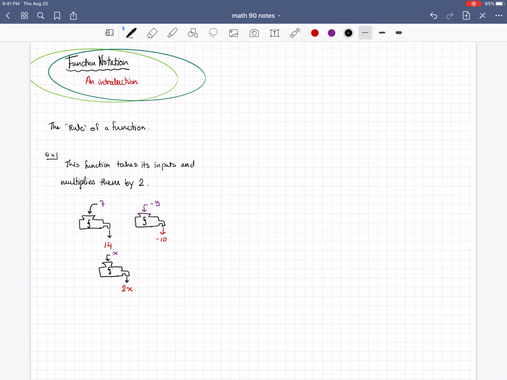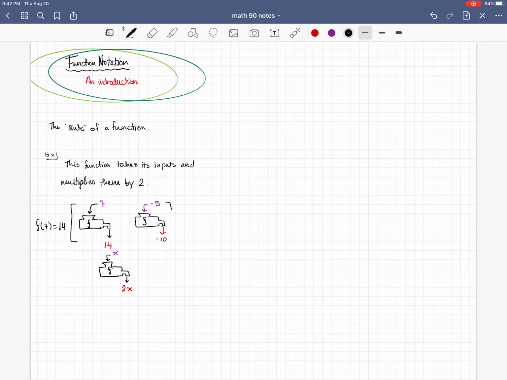And so rather than writing out the words, if you put 7 in as the input, 14 comes out as the output, what we would say here is just that the result of f having acted on 7 is 14.